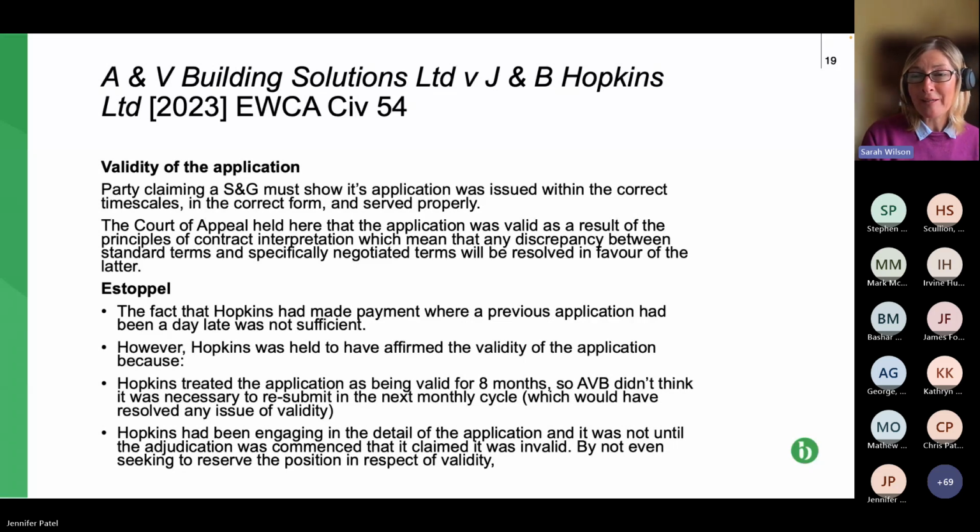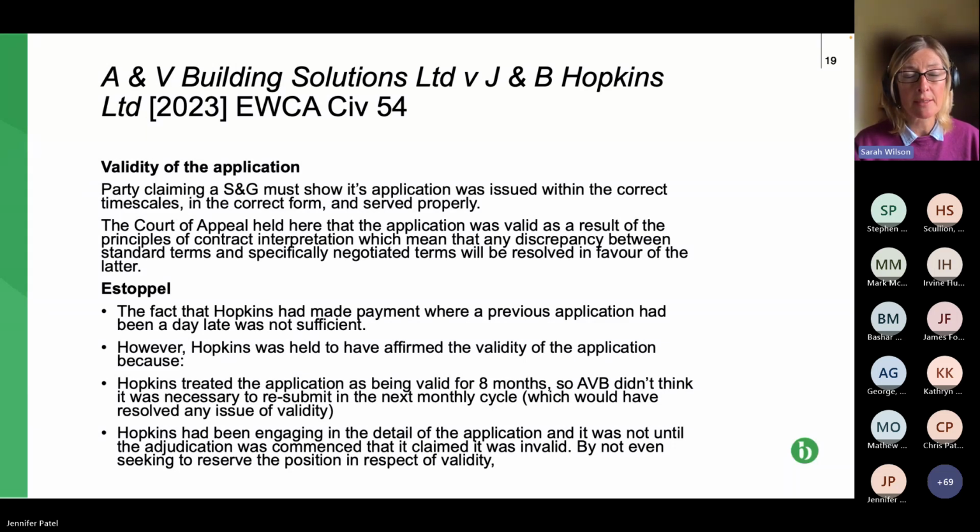Otherwise, you might find that you take the view it's not valid, you don't submit any notices yourself, and an adjudicator says, well, actually the IPA was valid. You haven't submitted your notices, therefore clear-cut smash and grab. The party doing the work is entitled to the sums that they've claimed.